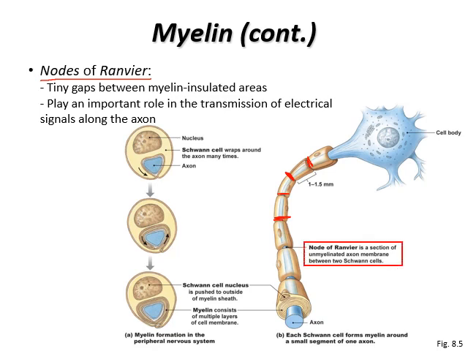We are going to look at how this affects the signaling of the axon. It is actually going to allow the neuron to make a much quicker signal; it's going to allow the signal to actually jump. But we'll get into that when we start talking about the action potential. We'll look at the electrical signal down this axon, and then down a myelinated axon, and see how we get this more rapid signal.